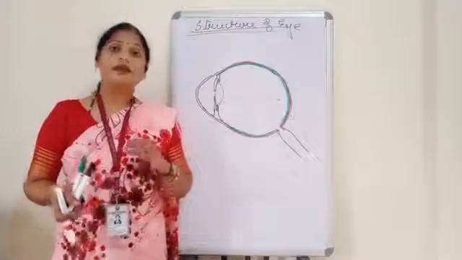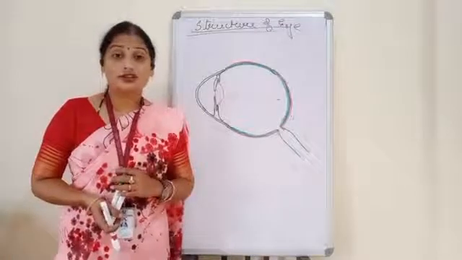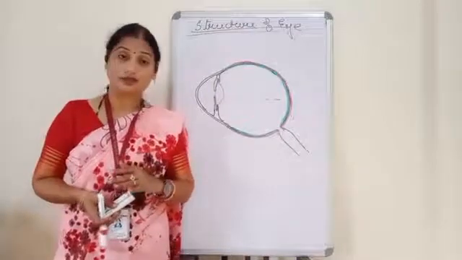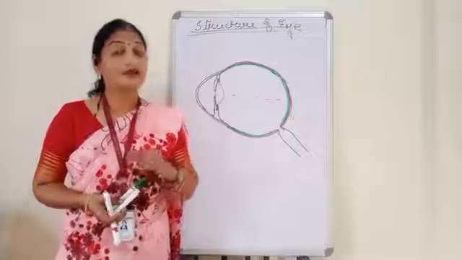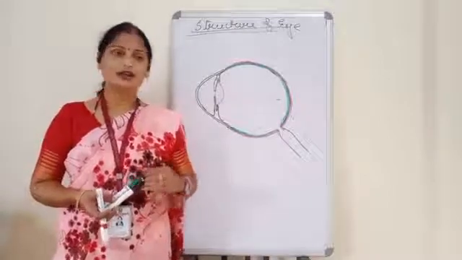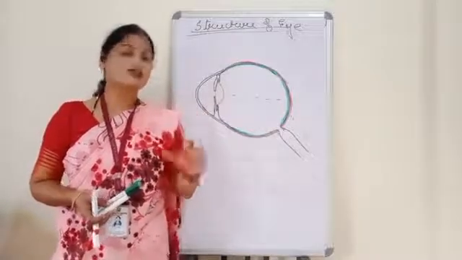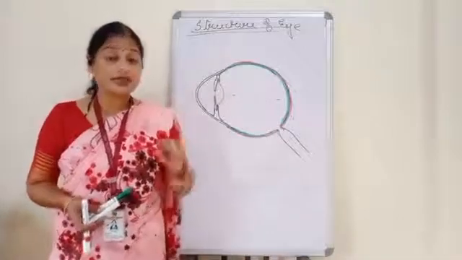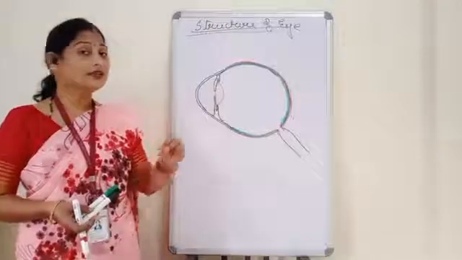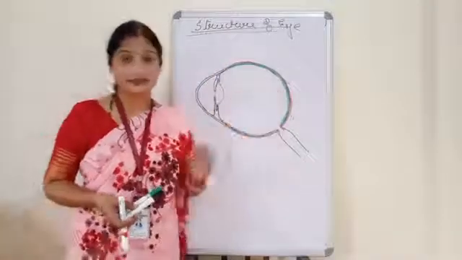Along with water and salt, it also secretes one enzyme called lysozyme, and this lysozyme helps to kill the bacteria that enter the eye. So these are the various structures which protect our eyes. Clear? Now we will see the structure of the eye in detail.